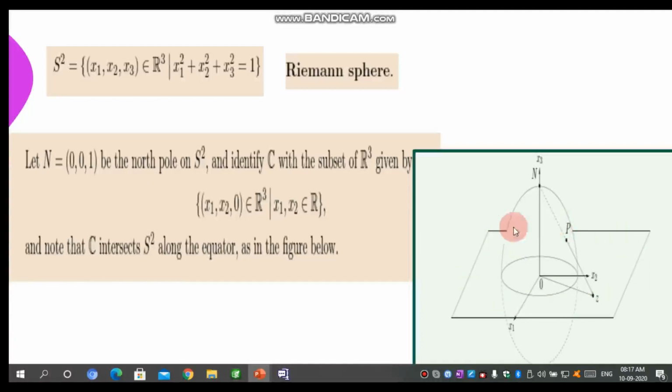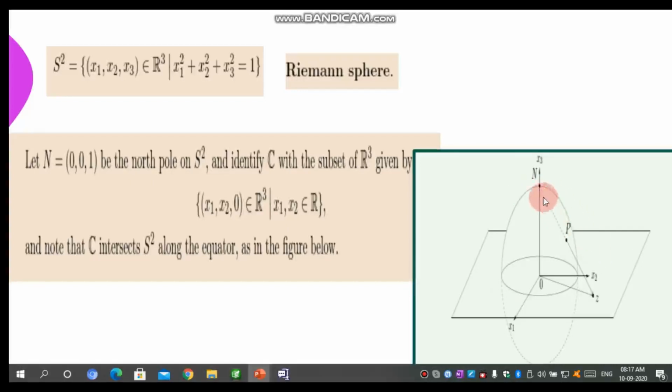This is the complex plane, and it intersects the sphere through the equator. So the points in the complex plane can be treated as (x1, x2, 0), as we are considering it as a subset of R3. And this is the sphere.